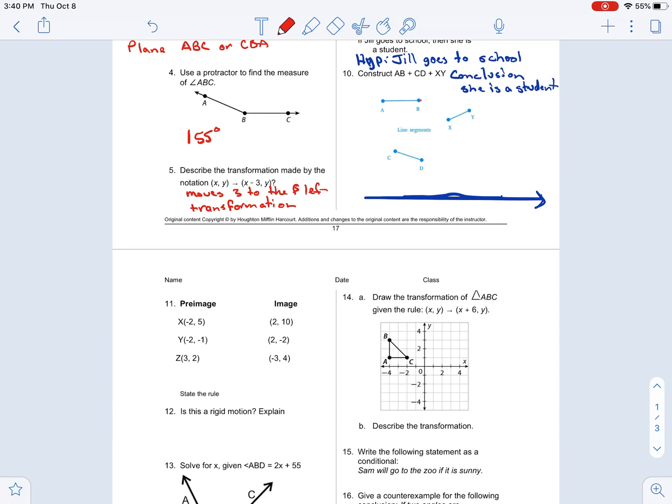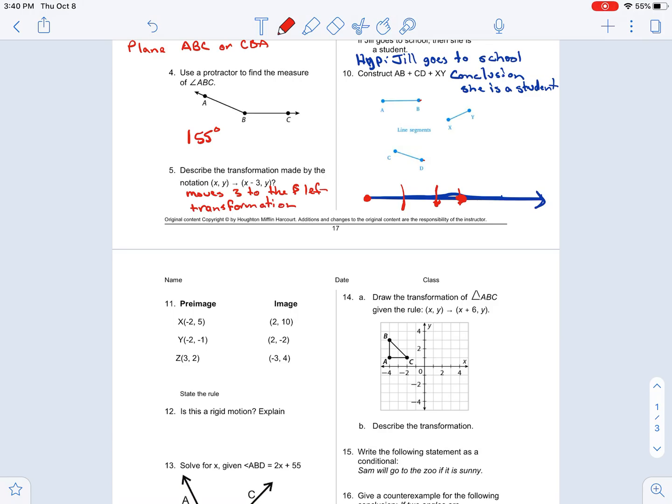I measure the length of AB from the end, and I make an arc. Okay? Then I measure the distance of CD. From where I ended, I make another arc. Then I measure XY. And from where I ended, I make my last arc. Okay, so really that distance goes from that point to that point down there.